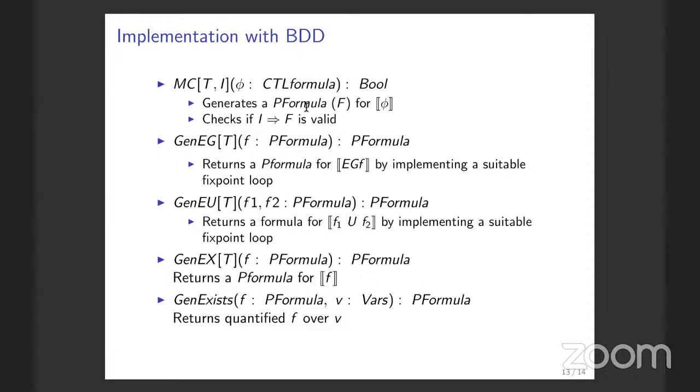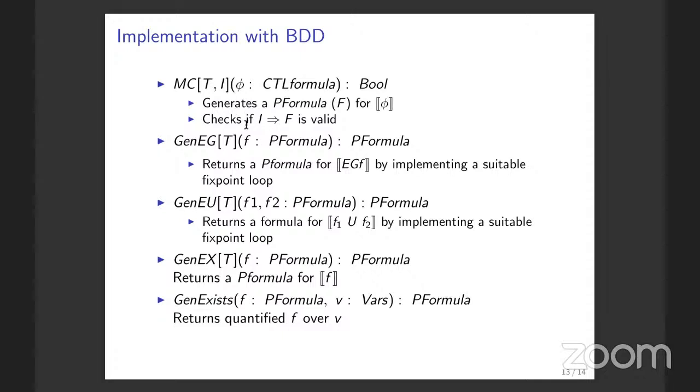This generates a P formula, a propositional formula, corresponding to any CTL formula which is passed as an argument. The P formula will use these, e.g. EU, gen EG, gen EU, etc., to construct the propositional formula that characterizes the set of all states that satisfies the CTL formula.